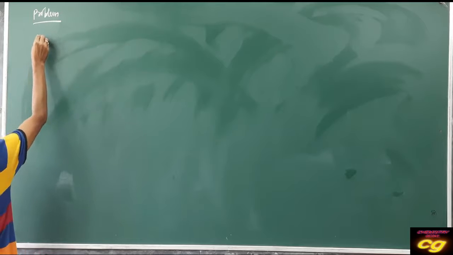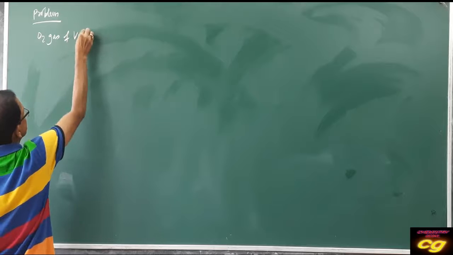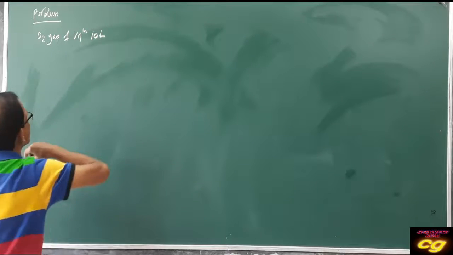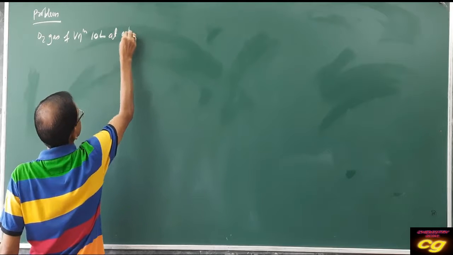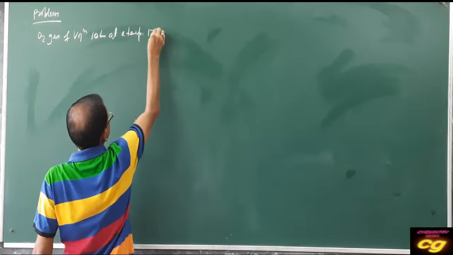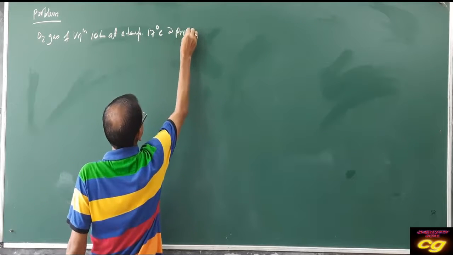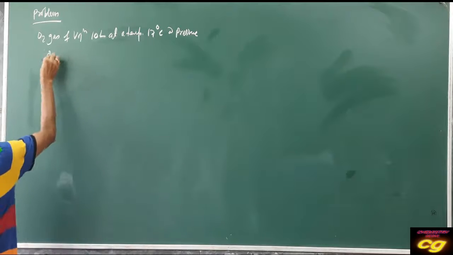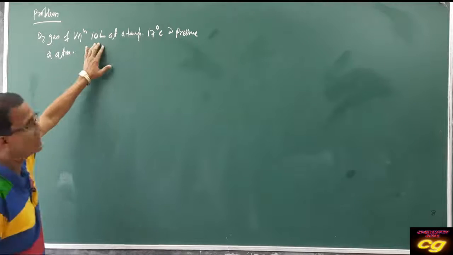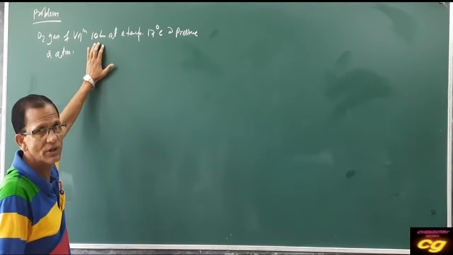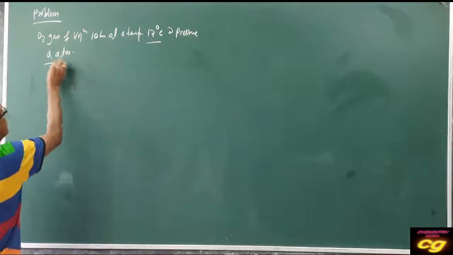Oxygen gas of volume 10 liter is taken in a cylinder, suppose in a container, at a temperature of 17 degrees Celsius and a pressure of 2 atm.